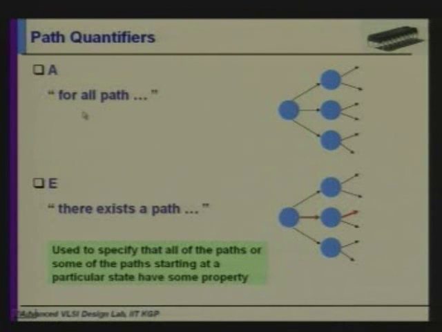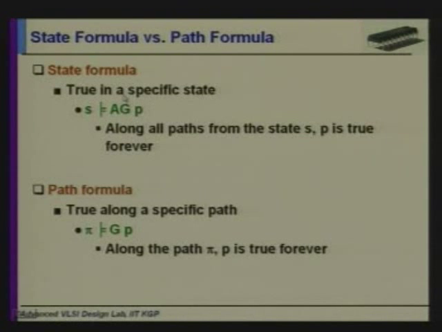LTL is a path formula, so it holds on a path. Now, from a state, you can reason about there exists some path or for all paths. So that is why we need these state formulas.